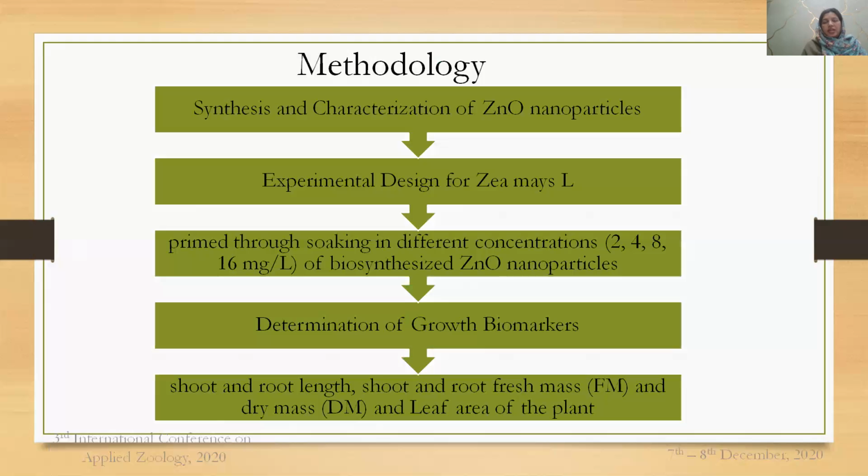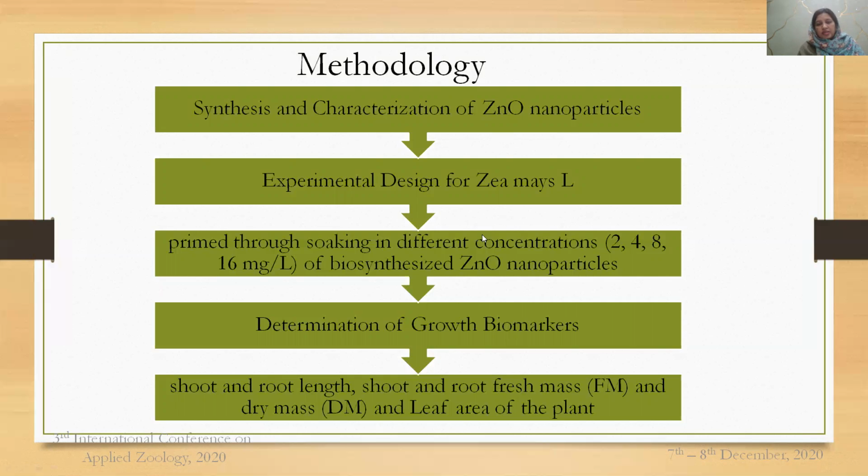In our study we used the biological synthesis of zinc oxide nanoparticle, and then we characterized the zinc oxide nanoparticle, and after all we checked the response of the maize crop to the nanoparticles.